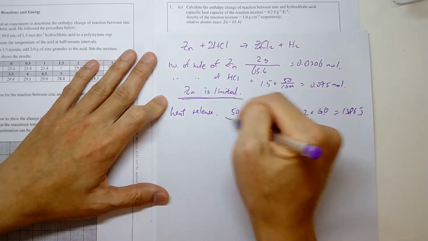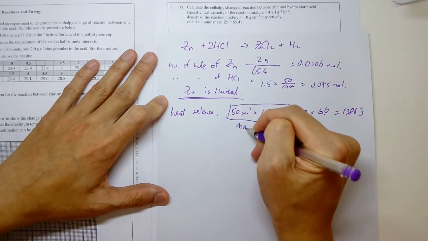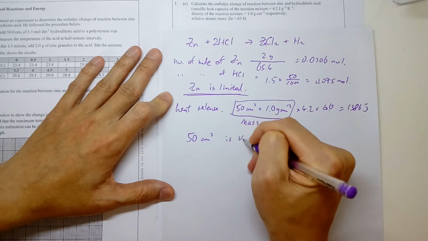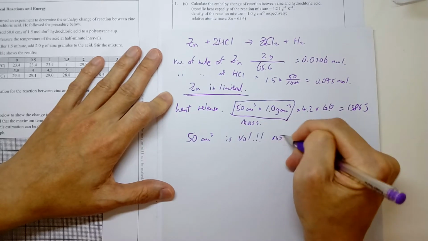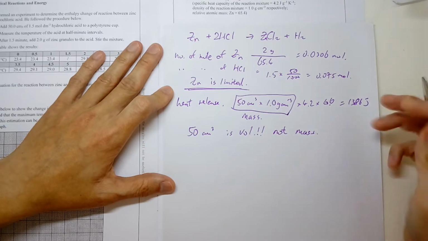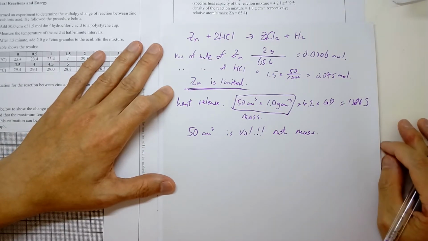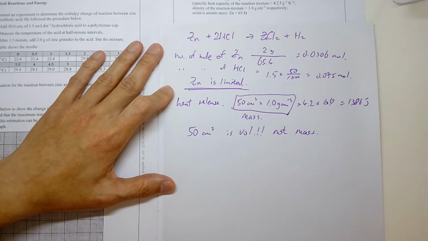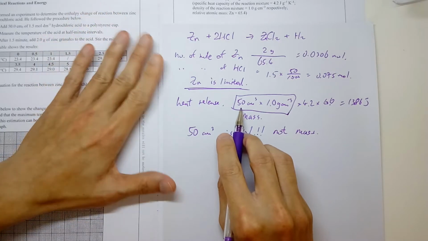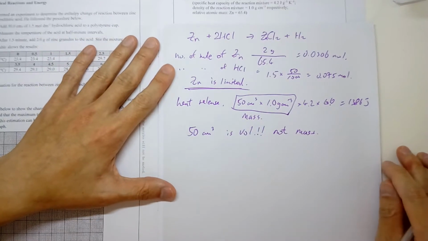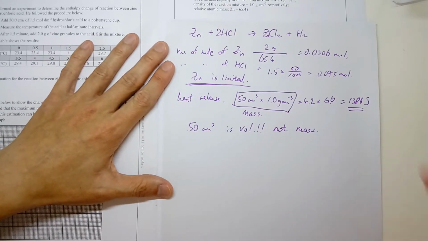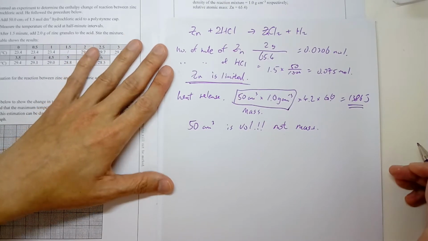First, this is mass. 50 cm³ is volume, not mass. You need to multiply by density. This is what you have learned in grade 7, so don't make the same mistake. And some of you include the 2 grams of zinc in your mixture. Oh, this is fine. There will be a small difference compared with my model answer, but this is acceptable in the marking.